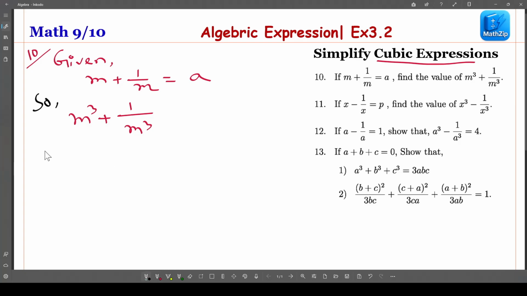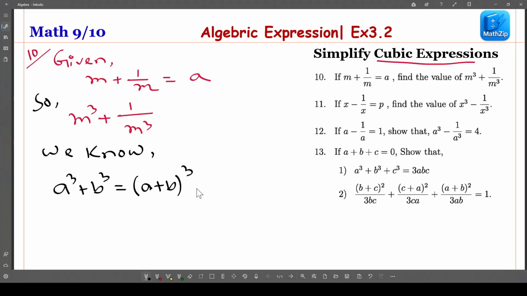We know a cube plus b cube, to find the value, is a plus b whole cube minus 3ab times a plus b.